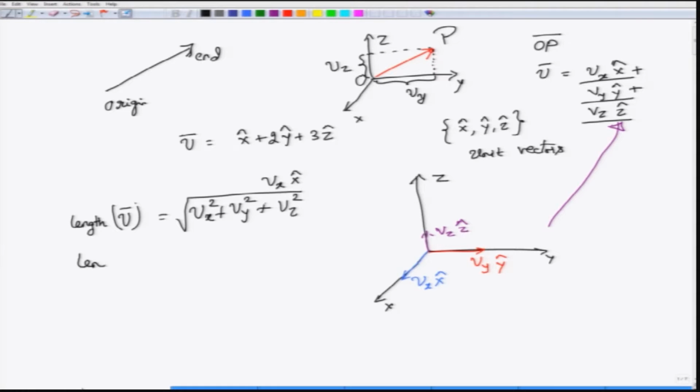The square of the length itself will be simply Vx square plus Vy square plus Vz square. We also are familiar with the concept of a null vector. Okay. A null vector will have 0 length along the x axis, 0 length along the y axis and 0 length along the z axis. Its length will also be equal to 0. So, these are all some concepts that we know of vectors.